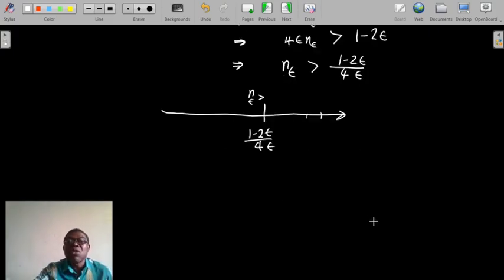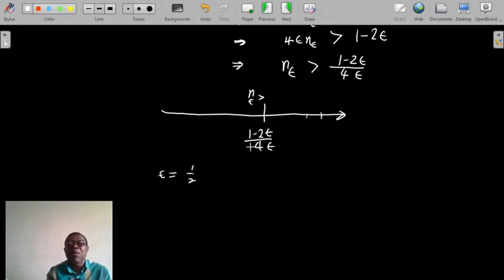Now for us to appreciate this, let us assume that epsilon is, say, remember that epsilon is any number bigger than 0, so we can assign a value to it to be able to do something. If I take epsilon to be half and I evaluate (1 minus 2 epsilon) over 4 epsilon, you'll find that this will give me 0.